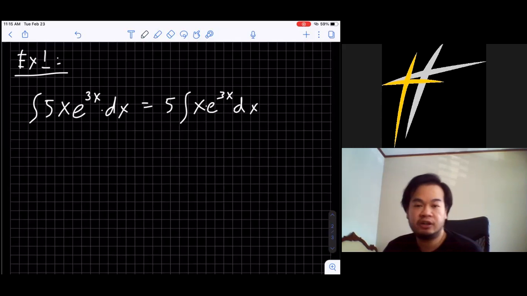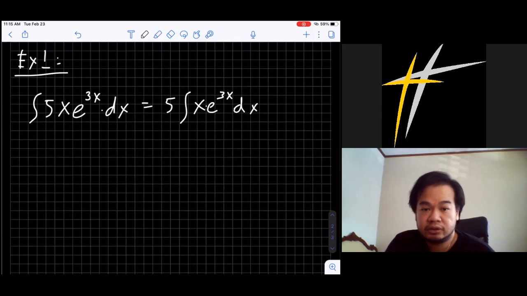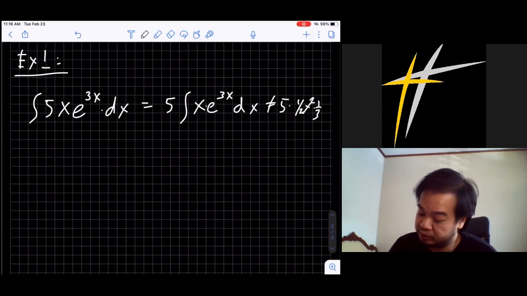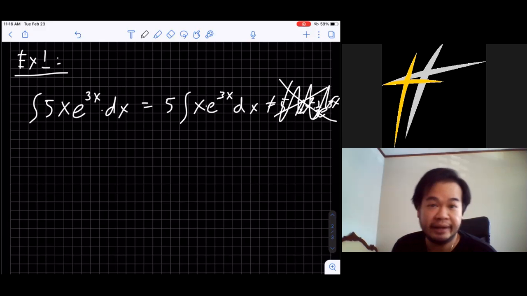So this is a product of two functions, which is one function is x and another function is e power of 3x. So this is definitely not equal to 5 times half x squared times 1 over 3 e power of 3x. Definitely not. Never do that.